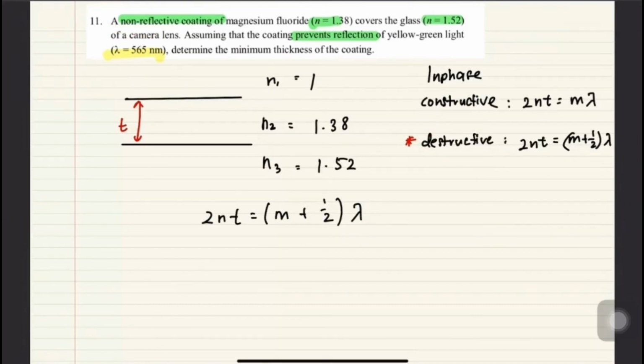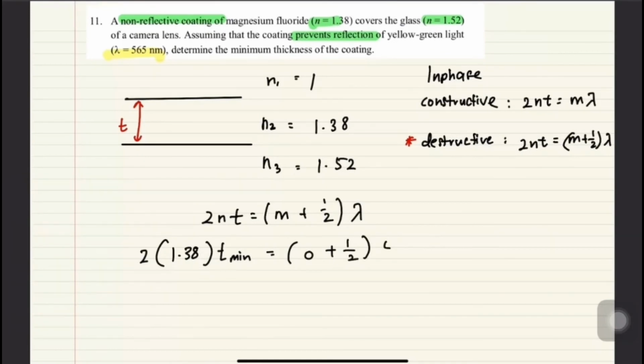Okay, so this one they want to find t minimum, so what is n? 1.38. Yes, where? The one at t is 1.38, and m equals to 0. Yes, because you can substitute 0, you substitute 0.